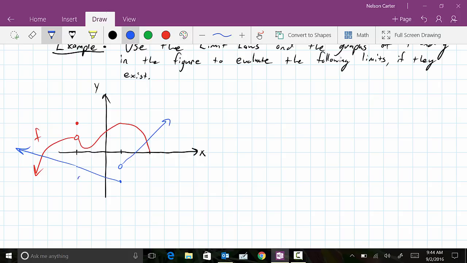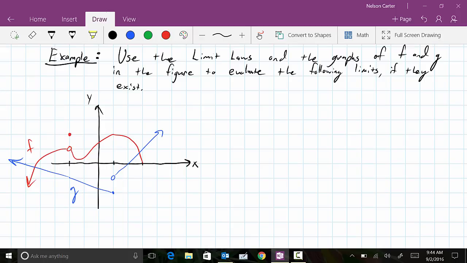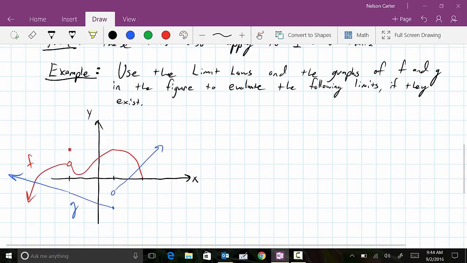All right, so this is the graph of g here. Okay, and so we have our graph, and so now here's our problems.